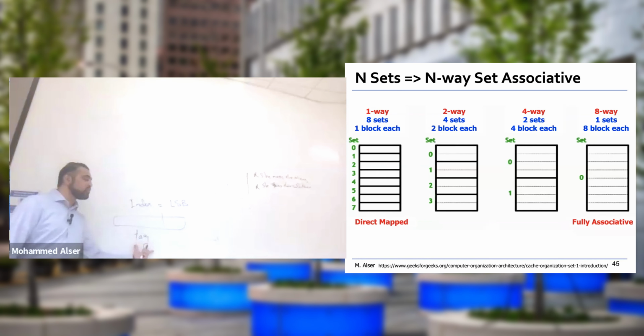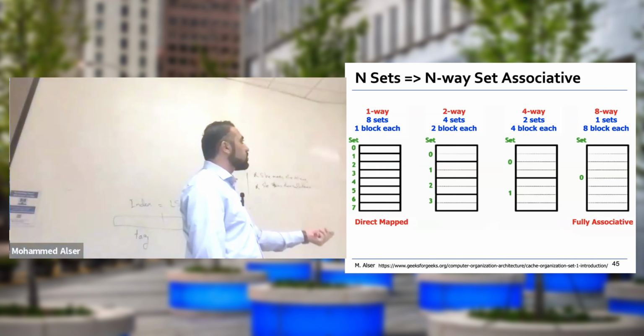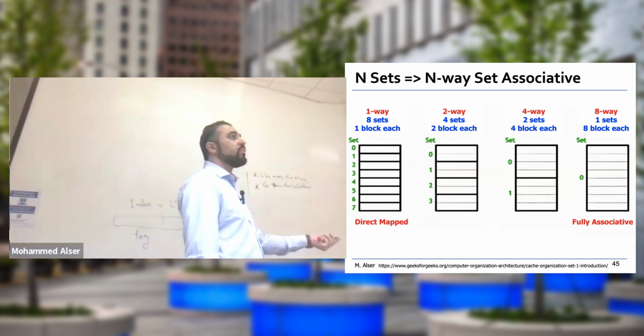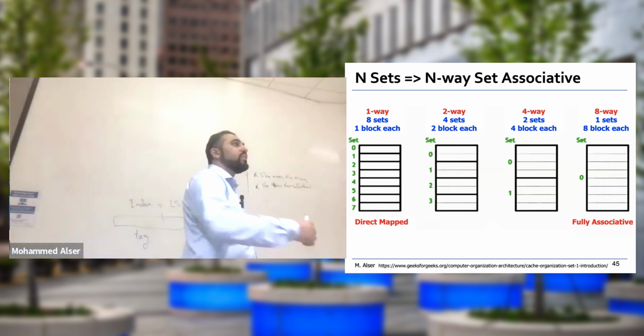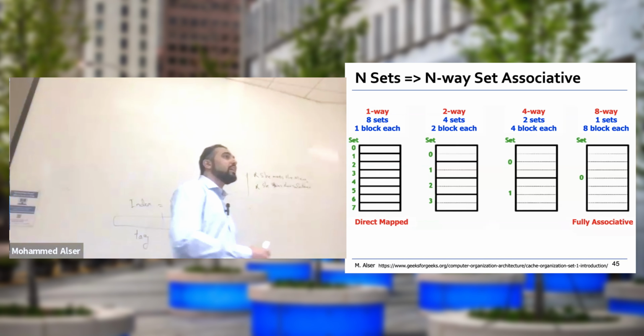In order to compare the entire length of the address, we need a comparator that can accommodate that width, right? Also, in order to fetch one of the blocks from the entire cache, we need a mux over there, so we can serialize all the data that we got from the block into the data path, okay?